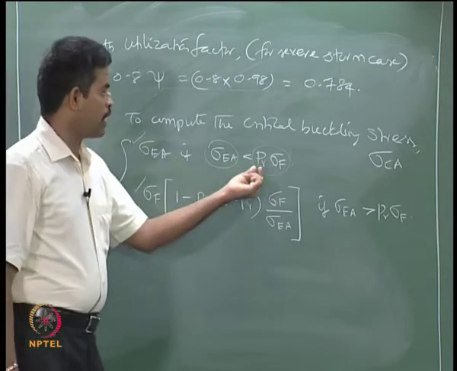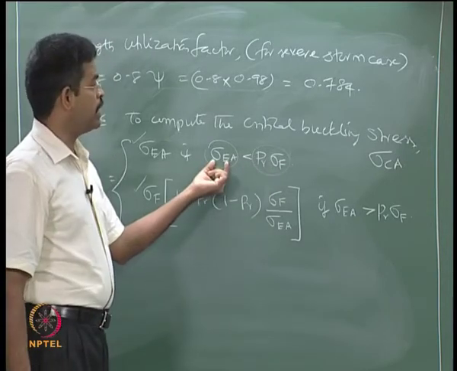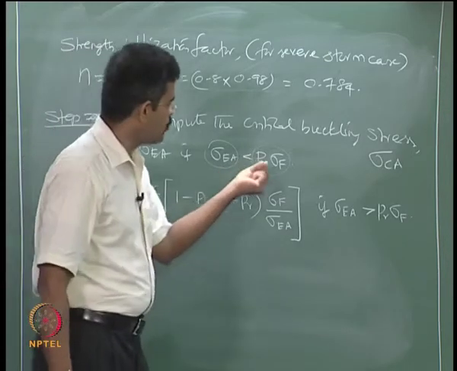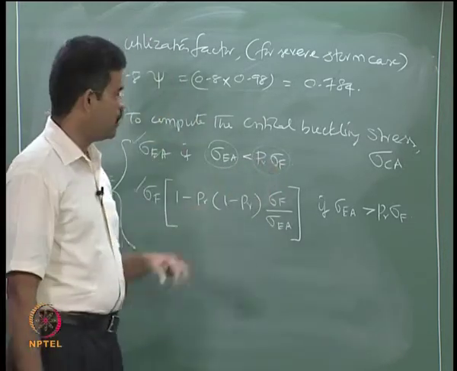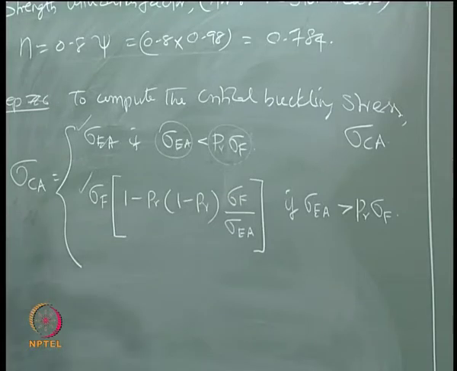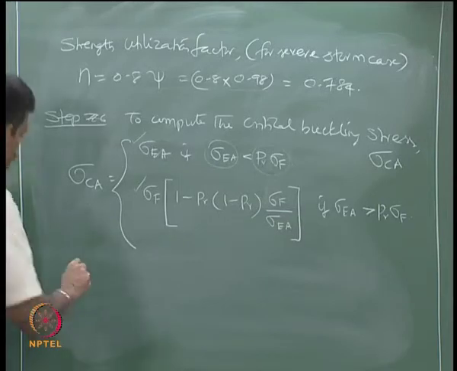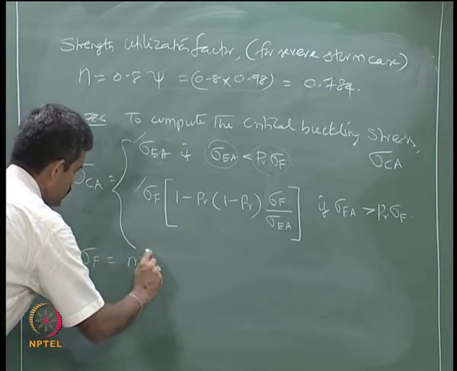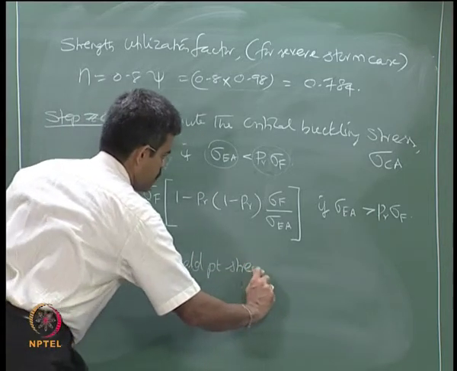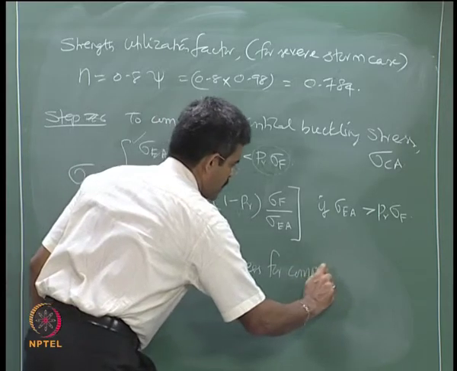So, in this equation I already know PR, I already know sigma Ea, I have computed it in the earlier step. What I want to know is the value of sigma F. If you know this value, you can check the condition, select the appropriate equation and get sigma Ca. Sigma F is the minimum yield point stress for compact sections.